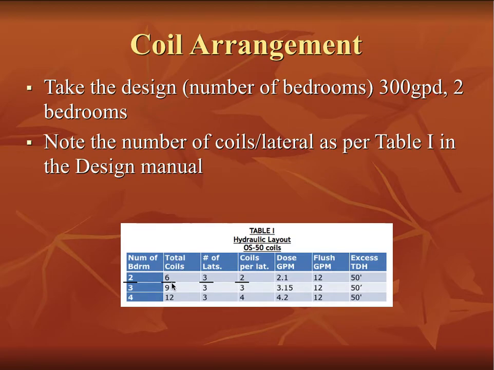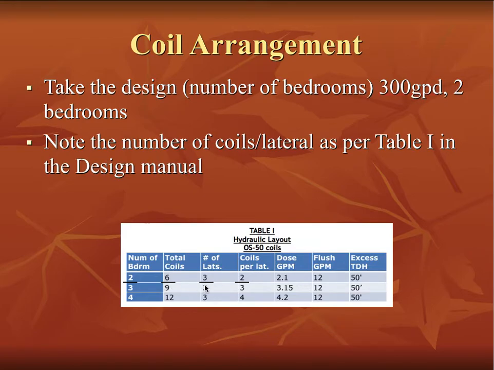Again, if we're talking about that 2-bedroom being a 300 gallon per day system, and an OS50, each one of those OS50 coils can handle 50 gallons of design flow. If you have a total of 300 gallons of day design flow, then you'll need 6 OS50s to be able to meet that requirement of that 300 gallons per day, as laid out in this table. So all of that math is already done for you. So your 2-bedroom system, you need 6 coils.